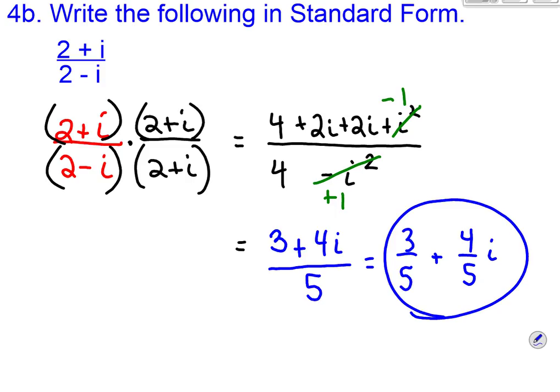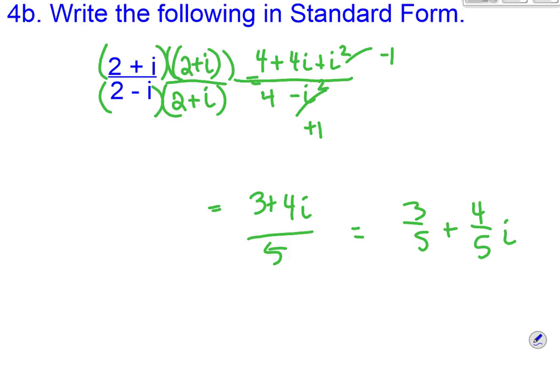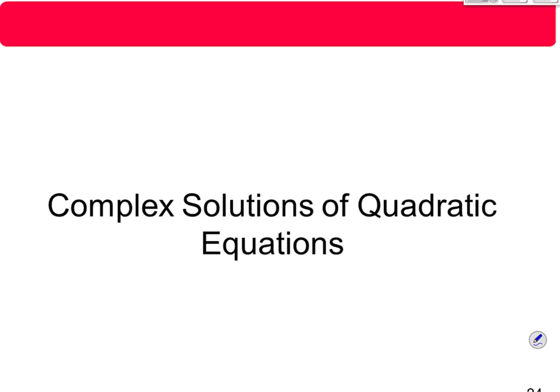The next section of this particular one is complex solutions of quadratic equations. I would say that you're the most familiar with this because you've used the quadratic formula and put the a, b, and c values in and gotten complex solutions before.